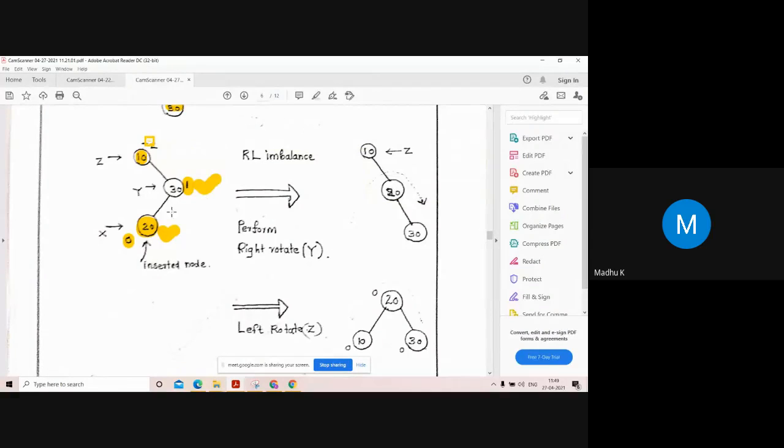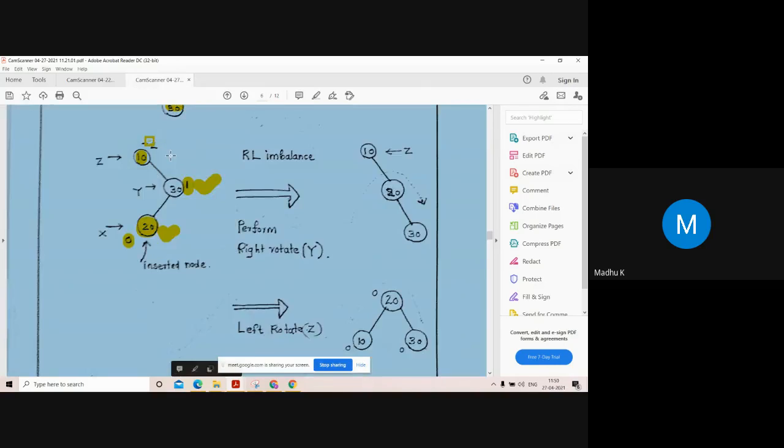So what happened is that because of this insertion, the balance factor of one of the parents, this is actually the grandparent, has changed. So we should do rebalancing.